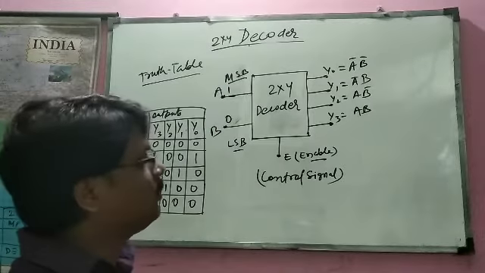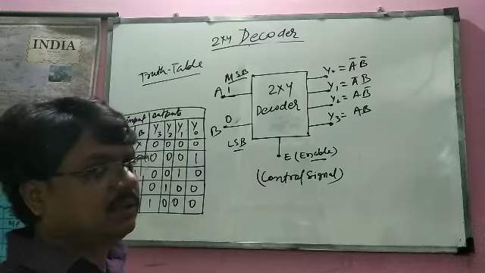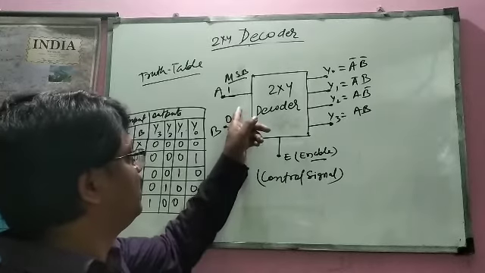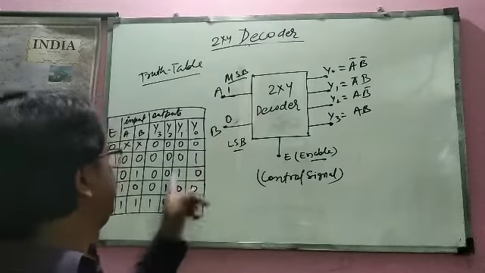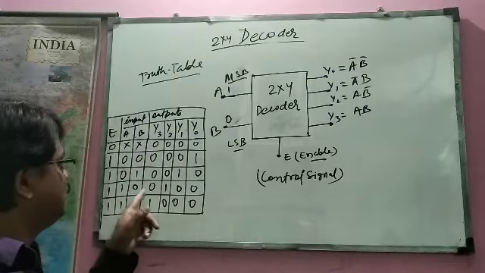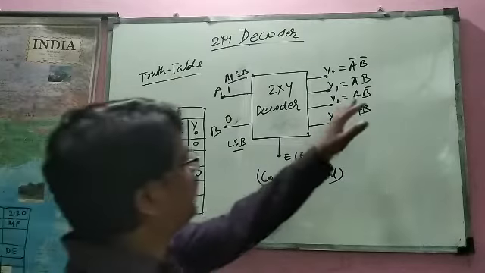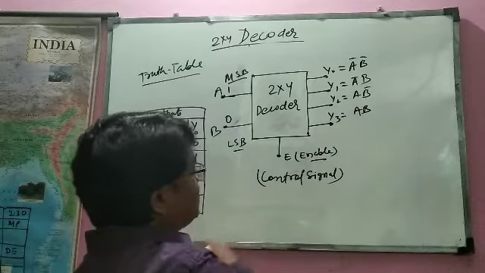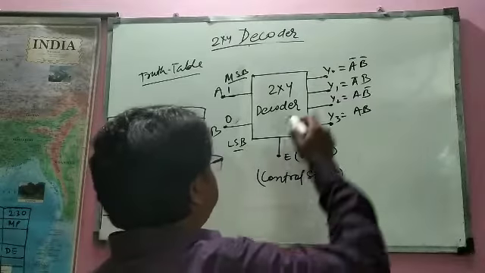What will happen? What should be high? This is 1 0, so y2 should be high. But let us check what will happen.